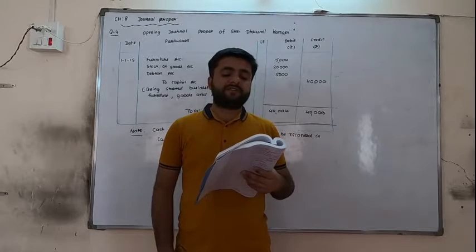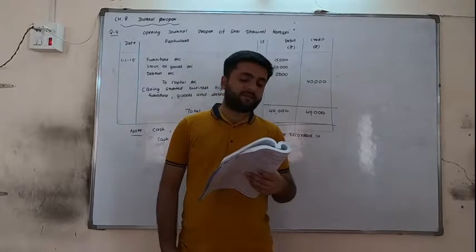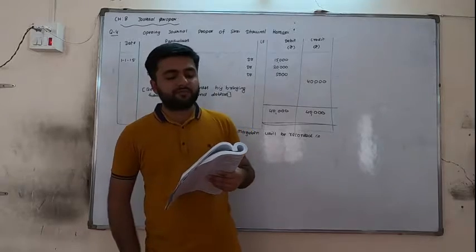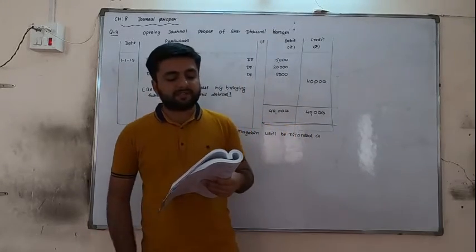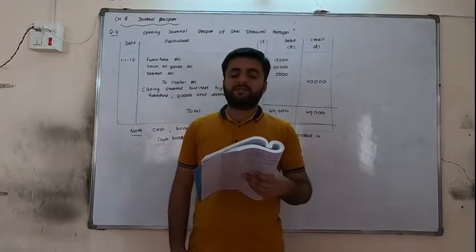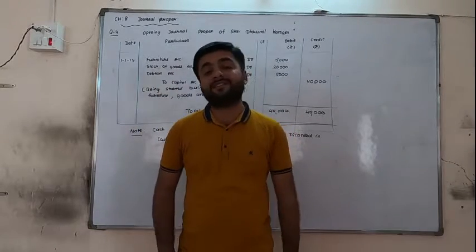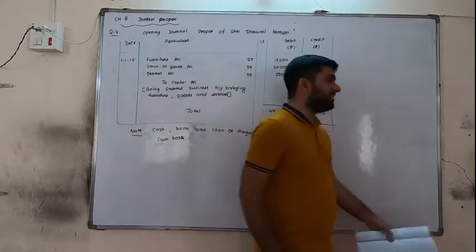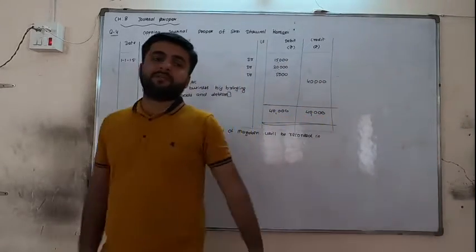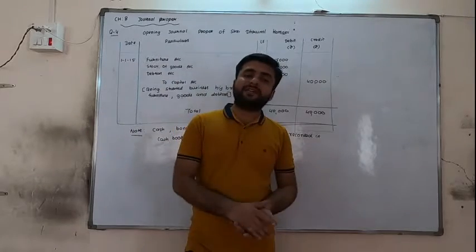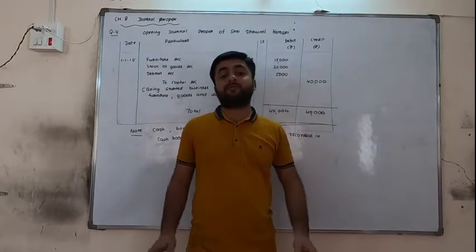In such a situation, transactions of bills are recorded in journal proper. At times, some traders do not keep a returns book, that is, purchase returns and sales returns books. In such a situation, transactions of purchase returns or sales returns are also recorded in journal proper. See friends, we have subsidiary books for bills payable and bills receivable. Still, if the transactions are very few, it is not necessary to prepare that book separately.